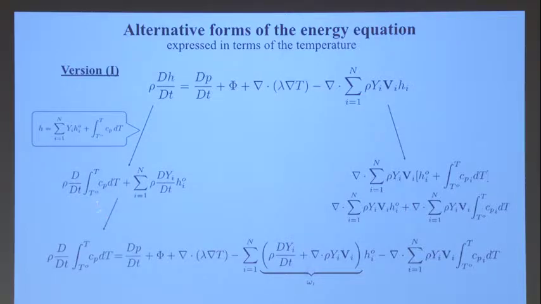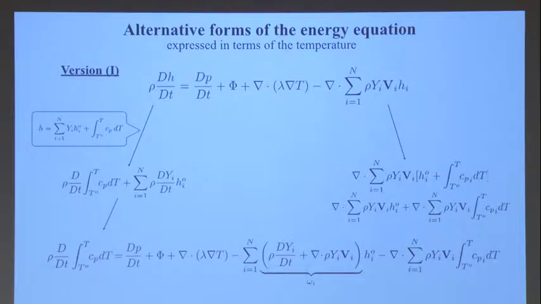And then this term, which is essentially rho dYi/dt multiplied by the specific enthalpy, I took to the right-hand side of the equation, which is here. Now, the flux term here, similarly, the hi can be written as the specific enthalpies and the sensible enthalpies.